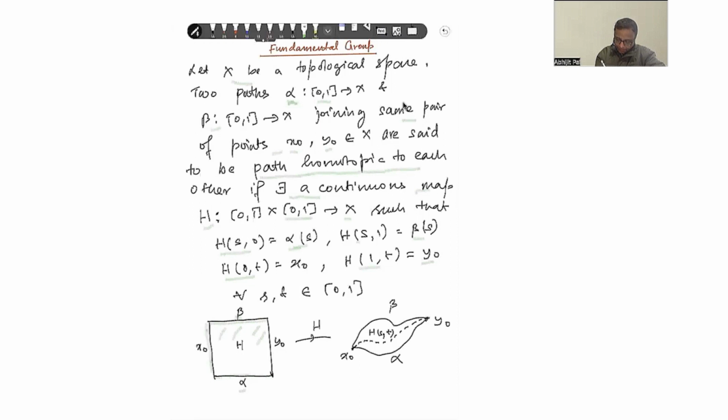On the left side, H(0,t) is the constant x0, so I have written x0 here. And H(1,t), on the other side of the square, is equal to the constant y0. So if I take the image, this is in the space X. The inside part of the square is mapped to here, suppose. So this is the picture of alpha homotopic to beta.